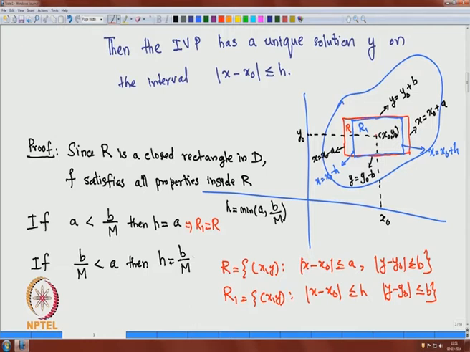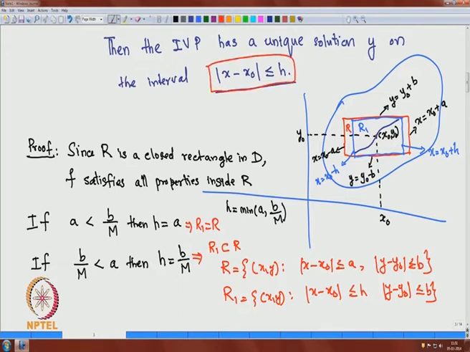If A is greater than B by M, in this case, we will see that R1 comes inside R. So, Picard's existence and uniqueness theorem says that it has a solution, the solution starting from x0, y0 is a solution, and the solution exists in the interval |x minus x0| less than or equal to h.